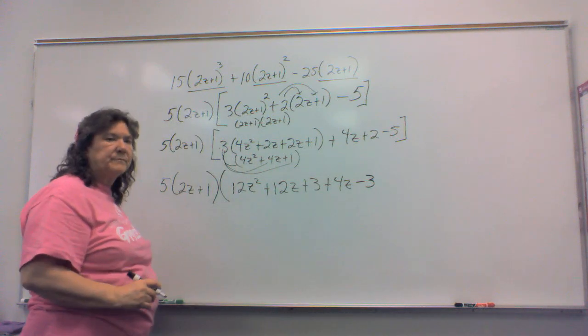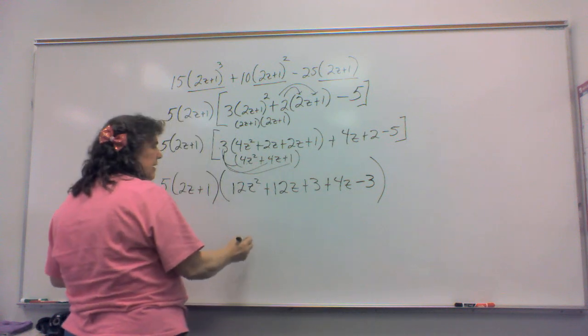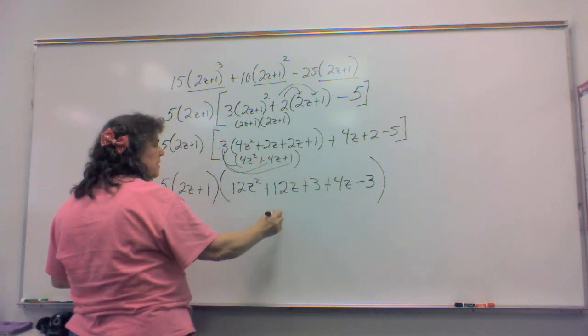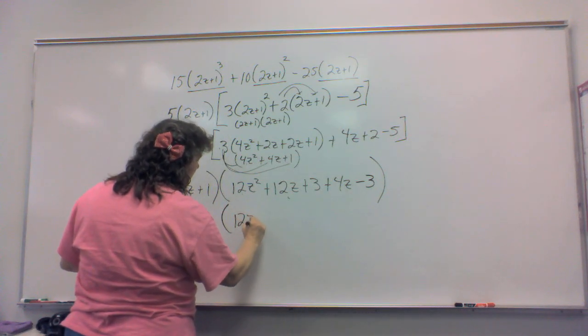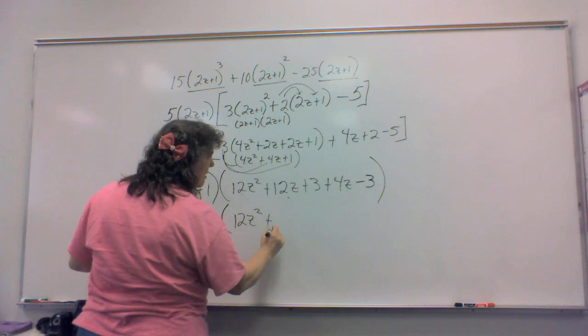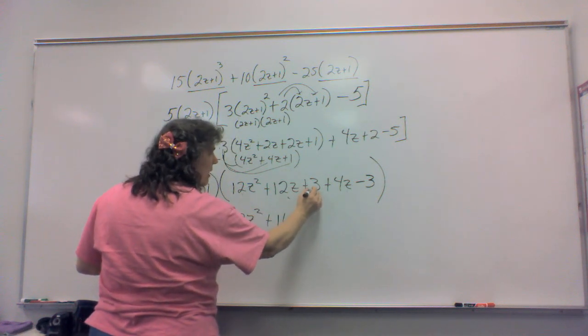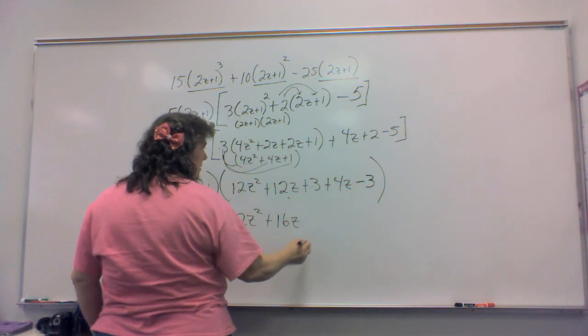Okay? Let's continue simplifying. 12z squared, nothing like it. 12z plus 4z is 16z. And this is 3 minus 3, which is 0.